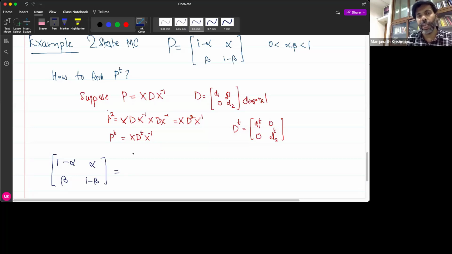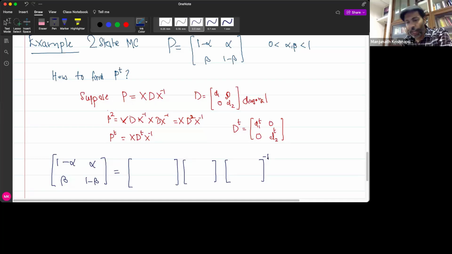what is this X and what is the X inverse? Of course, I cannot see it, so I did the calculation before coming. So I will write down the answers.